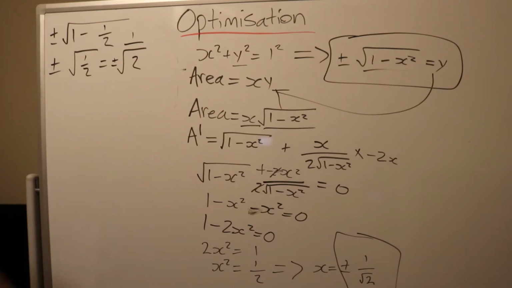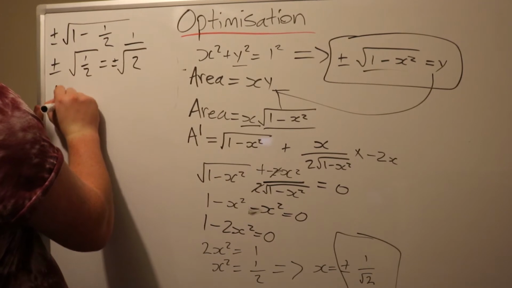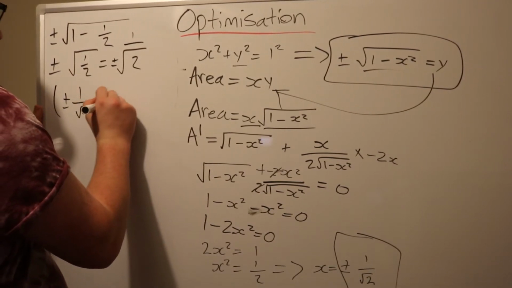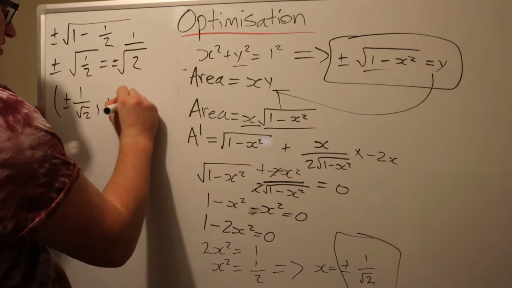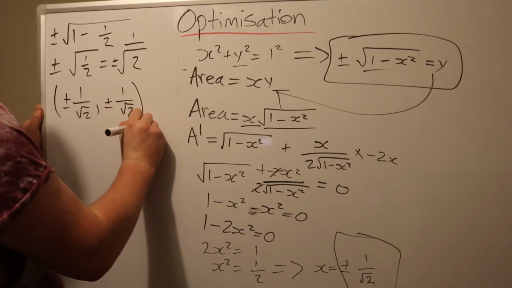So, the points are, we've got plus or minus 1 over root 2 by plus or minus 1 over root 2. But what is the maximum area?